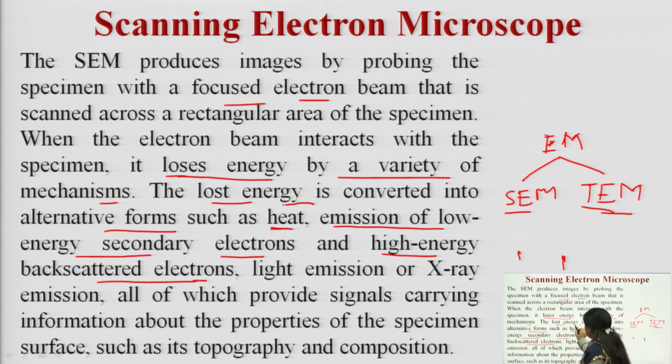All these three forms are then collected with the help of the objective lens, whether it is in the form of heat, the emission of low energy electrons, or high energy back scattered electrons. They are collected with the help of various analytical instruments, and the signals carrying various information are collected, and then the image is projected on the screen based on those signals.